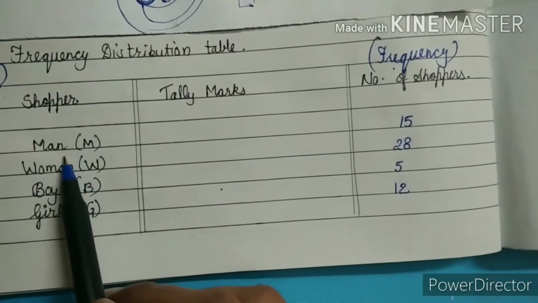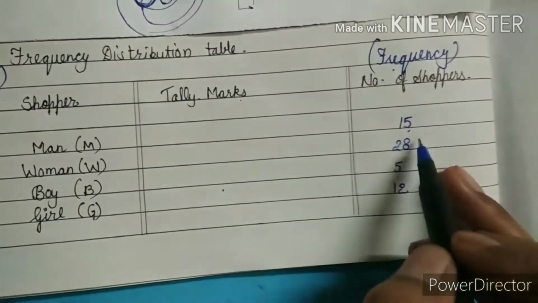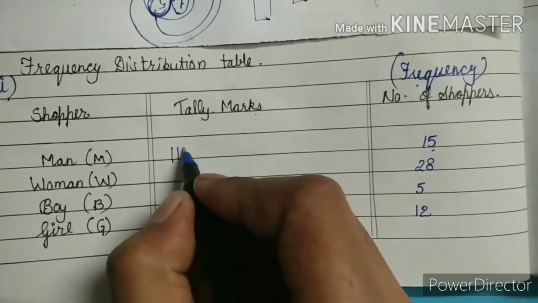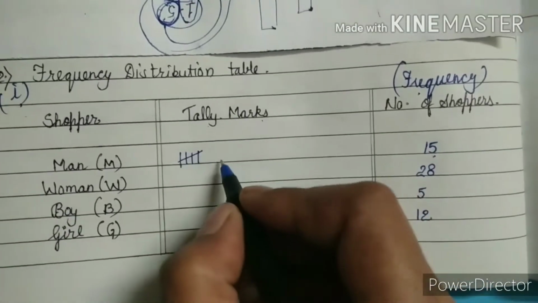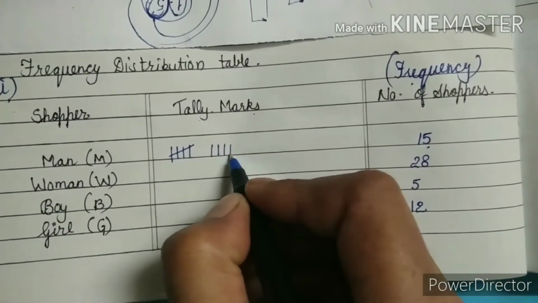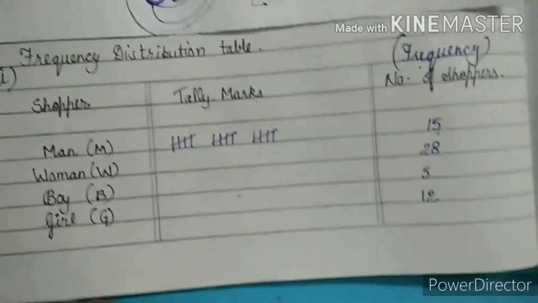Okay, so how many men had we taken? 15. So we have to mark the tally marks for the 15. 1 2 3 4 and 5 is slanting 5. Okay, 6 7 8 9 10 11 12 13 14 and 15.